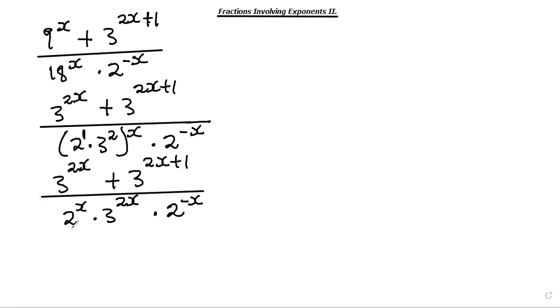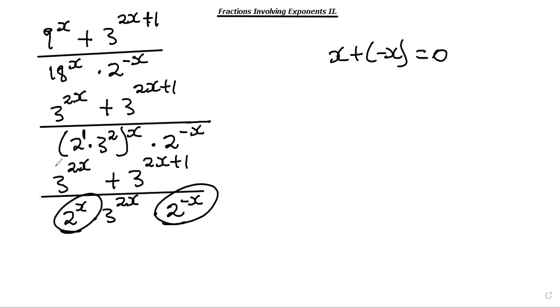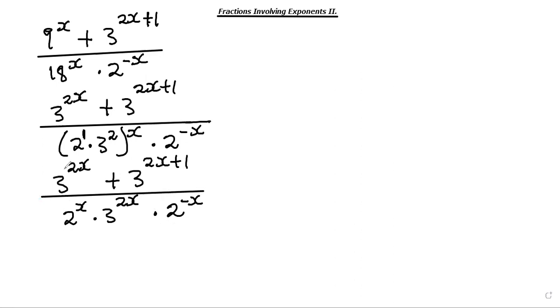So if you focus on these two, when multiplying powers of the same base, we add the exponents. So you can see that you'll end up having 2 to the power 0. And 2 to the power 0 is precisely 1. But we have to show that, remember, you show all your workings.